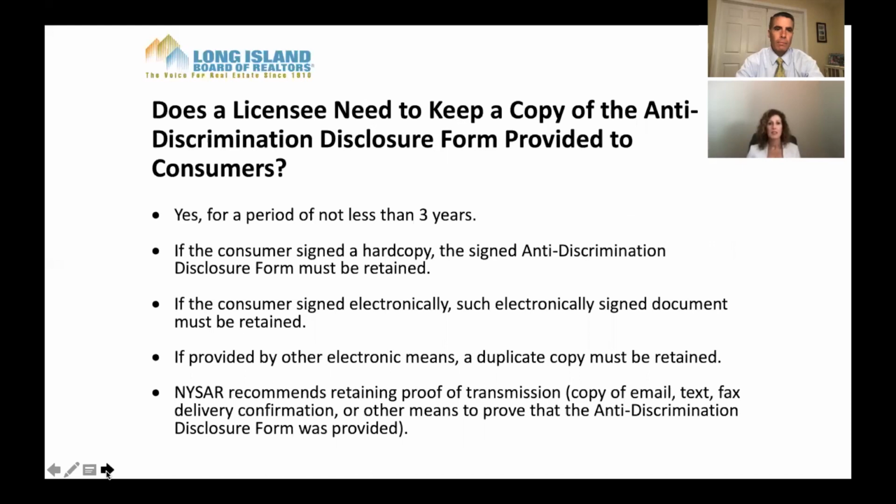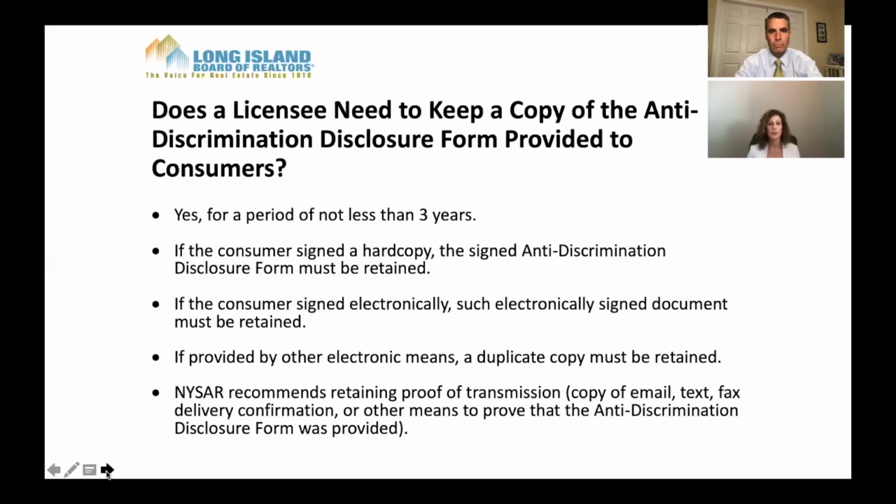Does a licensee need to keep a copy of the anti-discrimination disclosure form provided to consumers? Yes, for a period of not less than 3 years. If the consumer signed a hard copy, the signed anti-discrimination disclosure form must be retained.